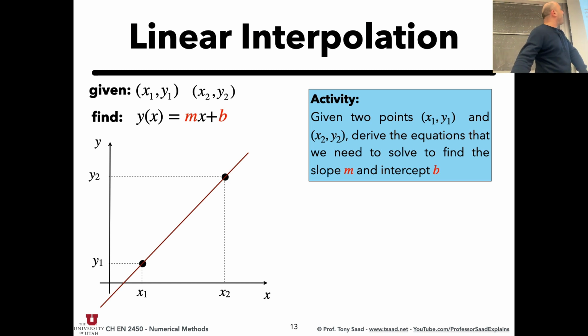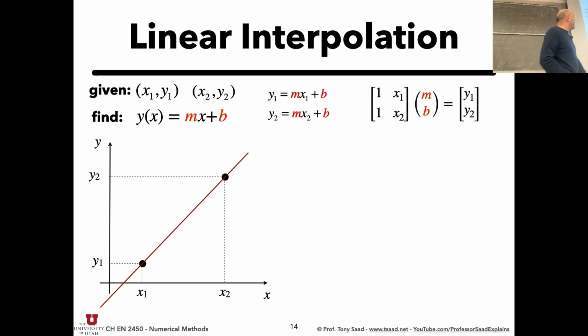Okay, so here's how I'm going to do it. This line passes through x1, y1, and x2, y2. Those are the 2 given data points; we know those data. In the equation of the straight line, I have 2 unknowns in red: the slope, m, and the intercept, b.